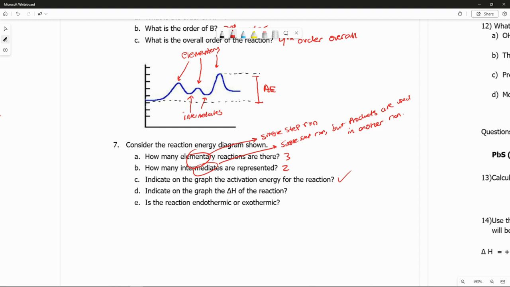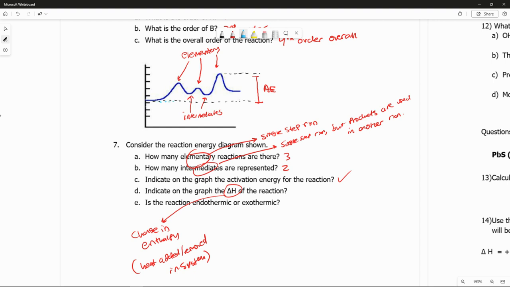The delta H of the reaction is the change in enthalpy. Note to the side, delta H is the change in enthalpy, or the heat added or removed from the system. You can calculate this very easily by looking at the ending point and the starting point.